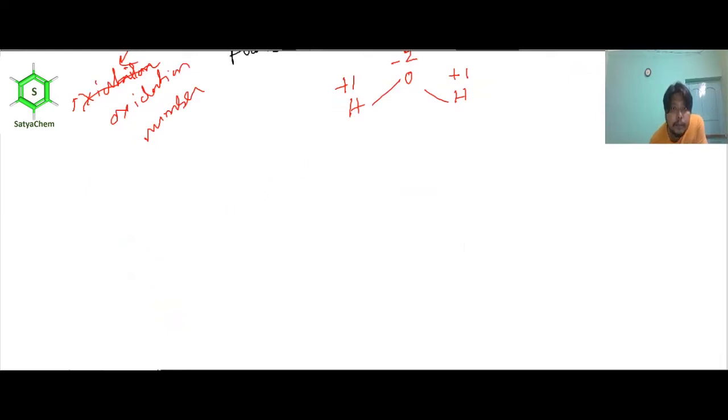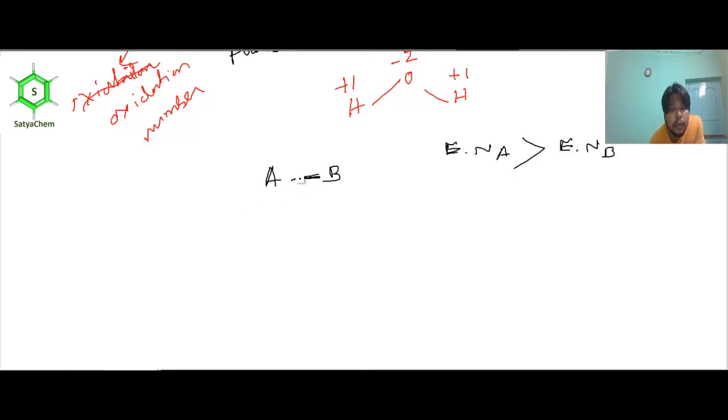Think there is a bond A-B and the electronegativity of A is greater than the electronegativity of B. So A has a tendency to hog electron density towards itself.